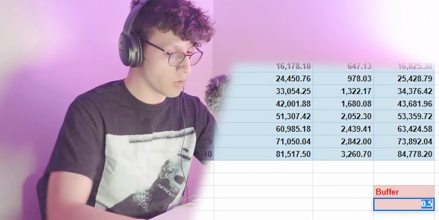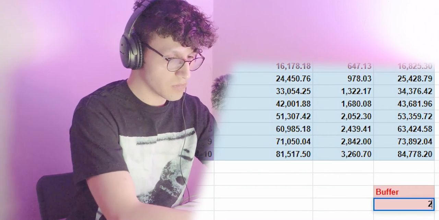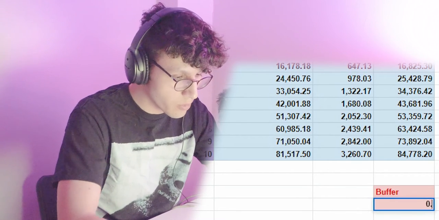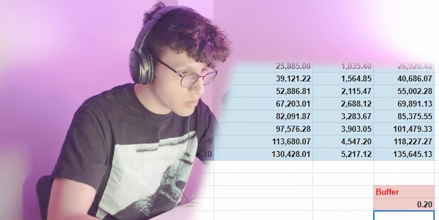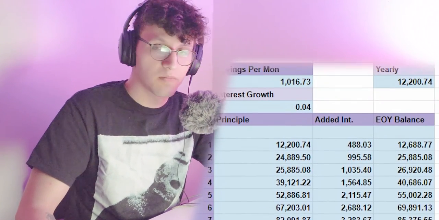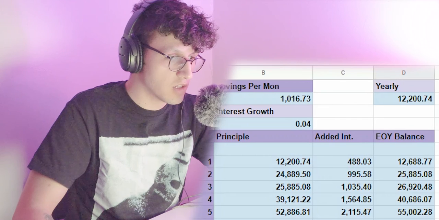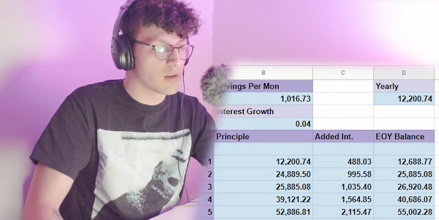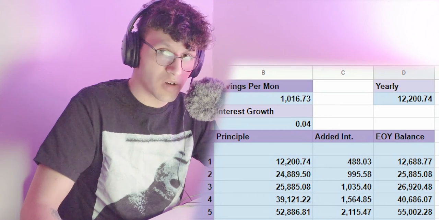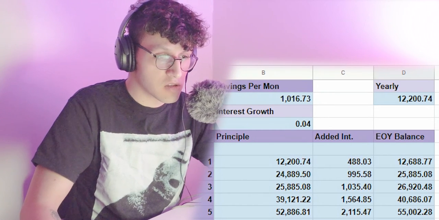Lower your buffer all the way to 0.2. Boom. If you're saving all of this money, $1,000 a month, that sounds ridiculous. But what if it wasn't? What if you actually cut down your expenses?